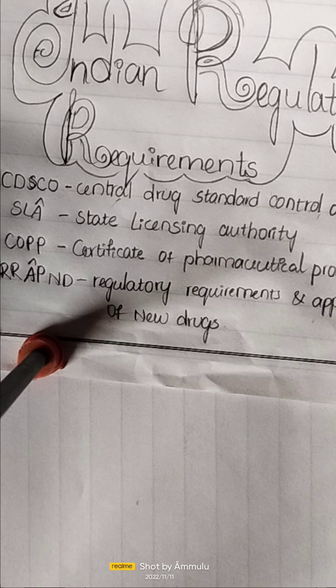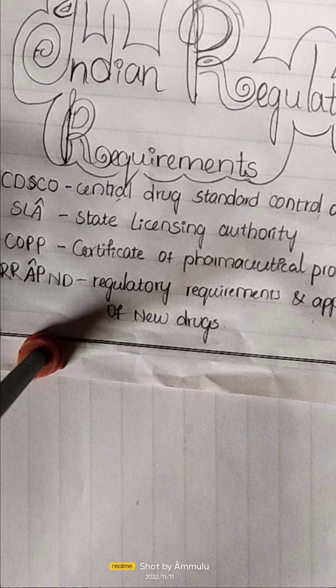In 1945, the Drugs and Cosmetics Act was passed by the Indian Parliament, which regulates the import, export, manufacture, distribution and sale of drugs and cosmetics. Basically, the Indian regulatory system originated in 1940.